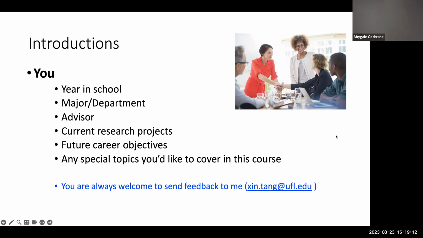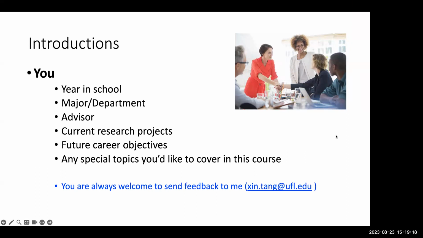Hi, I don't think my camera's working, but I'm Abigail Cochran. I am a physics major, and my current research project is in the integrative mechanobiology lab, working to increase the efficiency of our microscope system to interrogate neuron networks under stimuli.